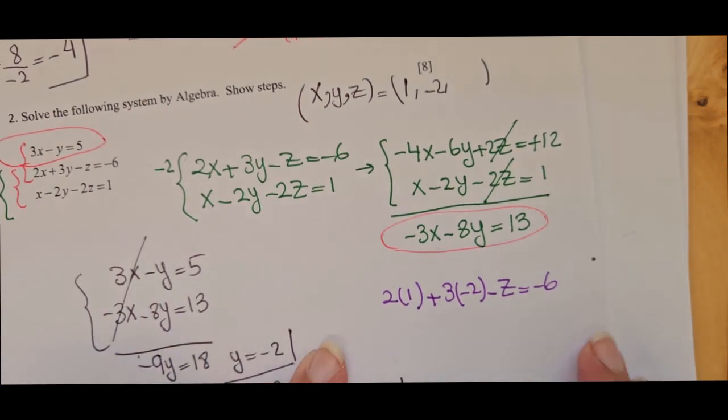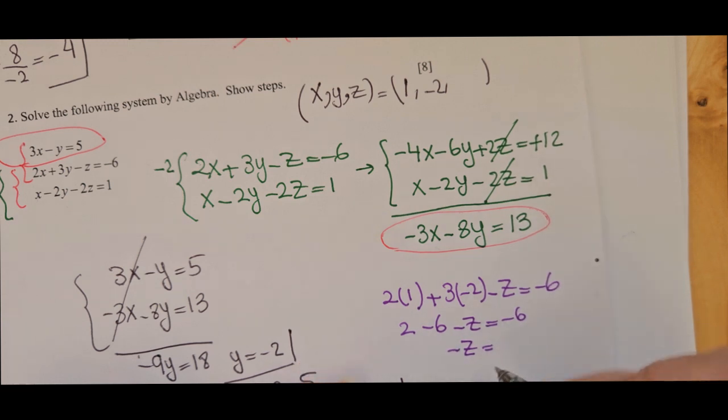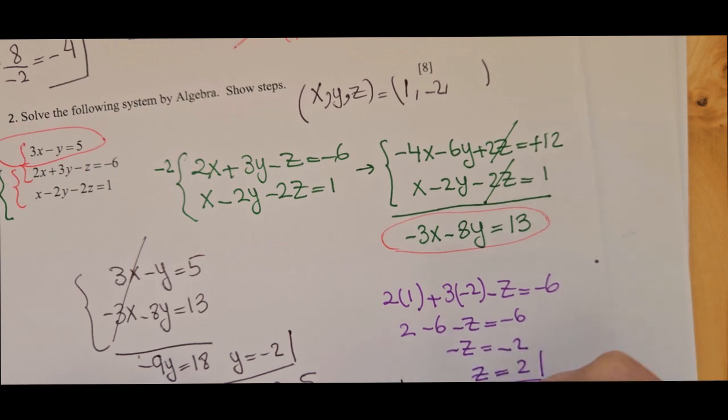So let's solve this linear equation. It's 2 minus 6 minus z equals negative 6. So negative 4, I move it to the other side. That would be positive 4 plus negative 6. It's negative 2. So z is 2.